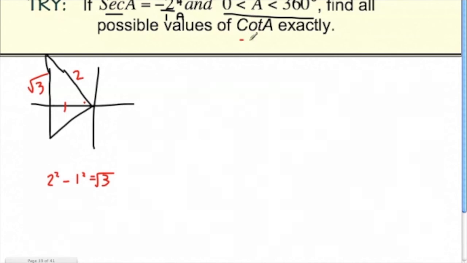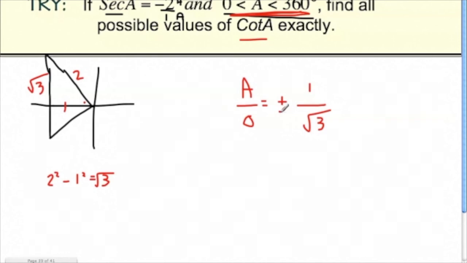Well, cot is the flip of tan, so it's A over O. Our adjacent is 1, and our opposite is root 3. And I told you on the last slide, when you see this 0 to 360 business, it means plus and minus, because tan is negative in that quadrant and tan is positive in that quadrant.